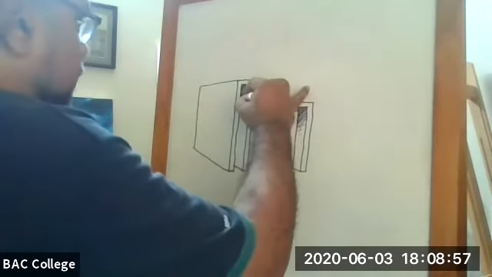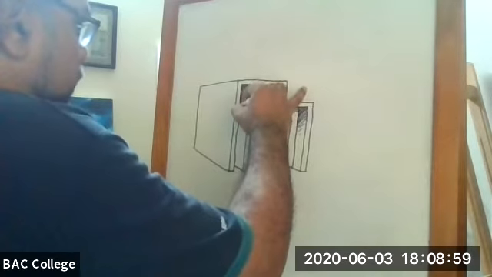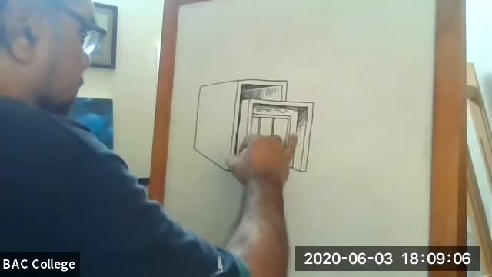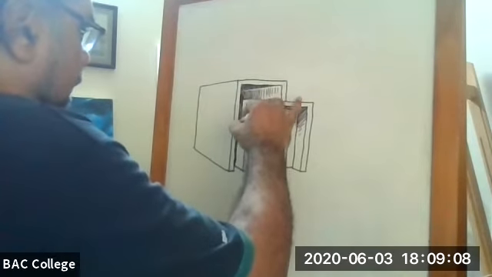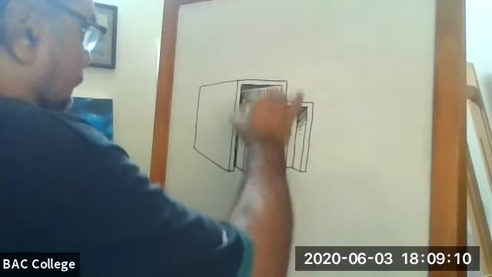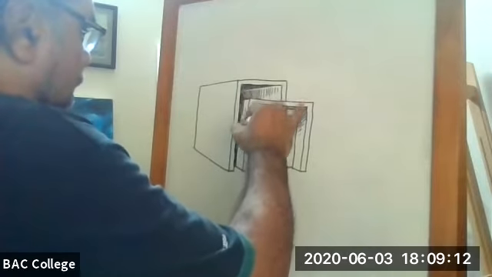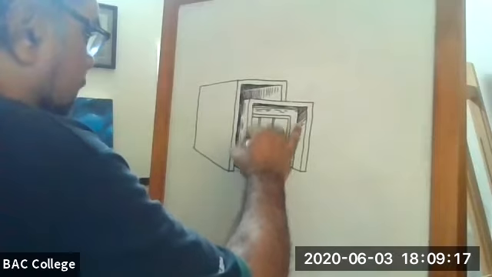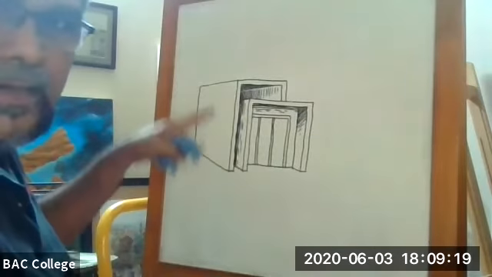Inside here also, it will be a bit dark, so you can draw some lines here as well. Okay, and as it comes out, the line gets lighter and lighter.